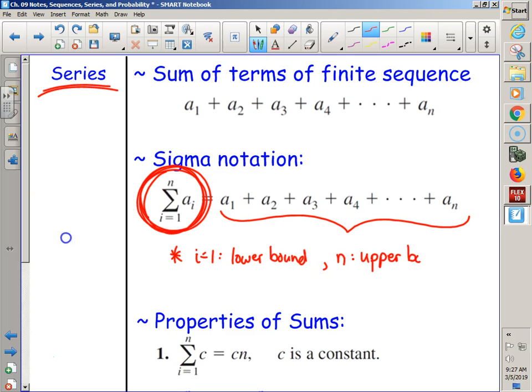Lower bound is where you start, upper bound is where you stop, and you are plugging them in. You're going by whole number integers, as we've been talking about with sequences and series. n is always positive integers, positive counting numbers, no rational numbers, no fractions or decimals. Positive integers.